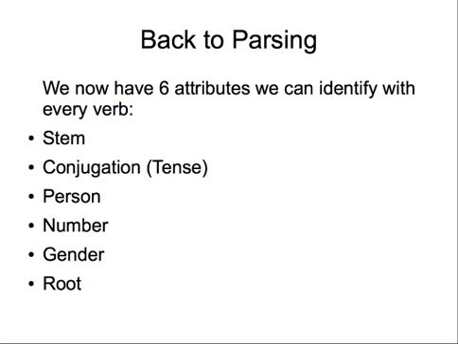We'll learn more as we go on. The conjugation, those five we just looked at. Person, first, second, or third. Number, plural or singular. With gender, we can look at it being feminine or masculine, and the root of the verb, which of course the lexicons will translate for us.